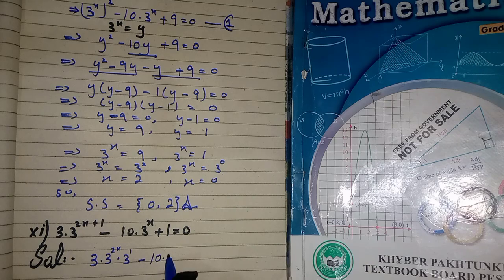Minus 10 into 3 power x plus 1 equal to 0. 3 3s are 9 into 3 power x square minus 10 into 3 power x plus 1 equal to 0.